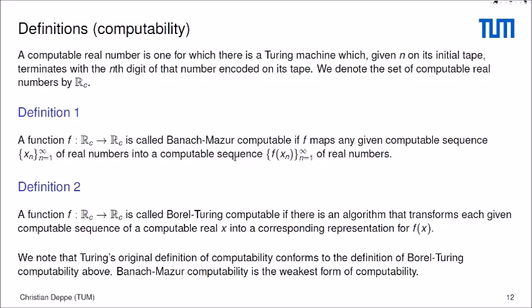The second definition from Turing: we call a function Borel-Turing computable if there is an algorithm that transforms each given computable sequence of a computable real x into a corresponding representation for f(x). This definition is equivalent to the original definition of Turing. Definition 1, Banach-Mazur computability, is the weakest form of computability.